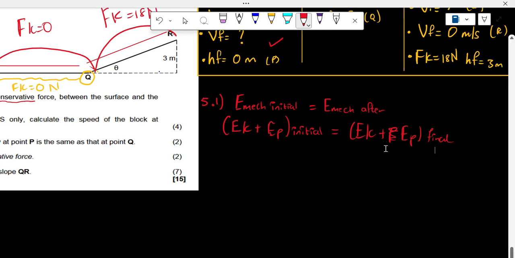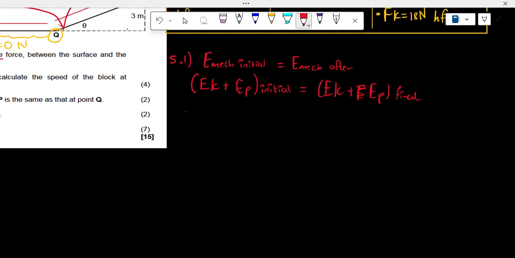What is the kinetic energy value? That's 1/2 times the mass times the initial velocity squared, and please pay attention here, we use the initial velocity because we're looking at initial things, plus the mass times g times the initial height. It's equal to 1/2 times the mass times the final velocity squared plus mg times the final height.